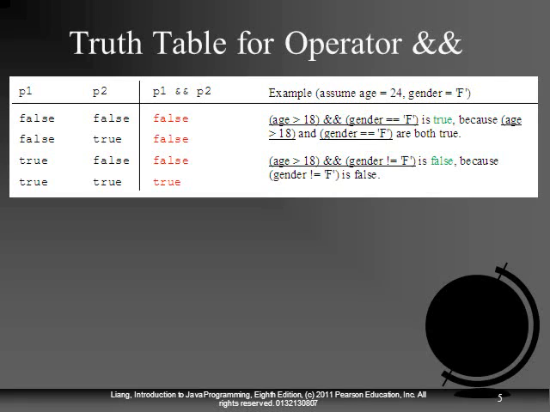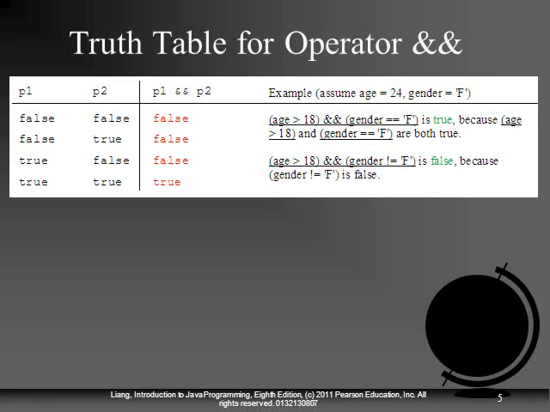So under the rule that both have to be true, our statement is true. If we look at the second example, age greater than 18 and gender not equal female, that's false, because the second Boolean expression is false. So in that case, only one side of the AND was true.